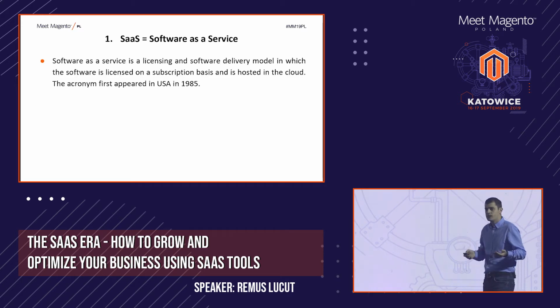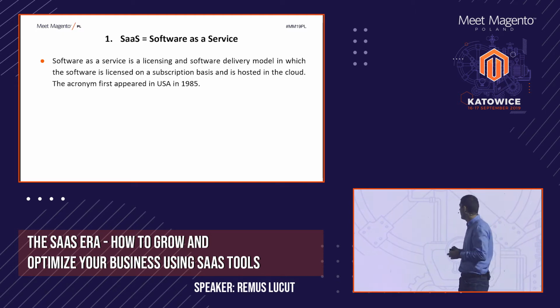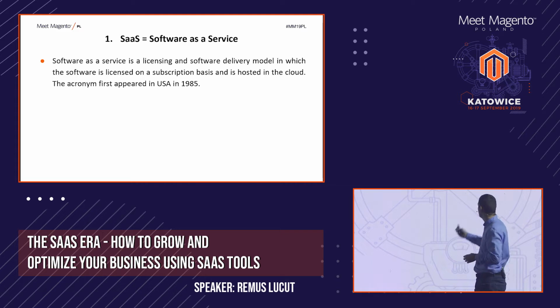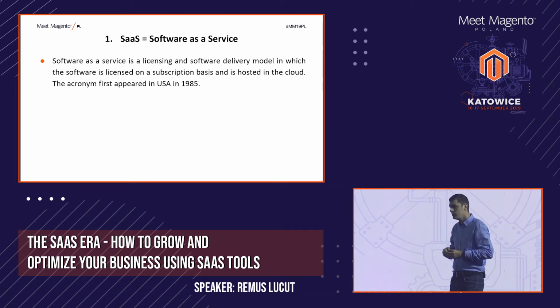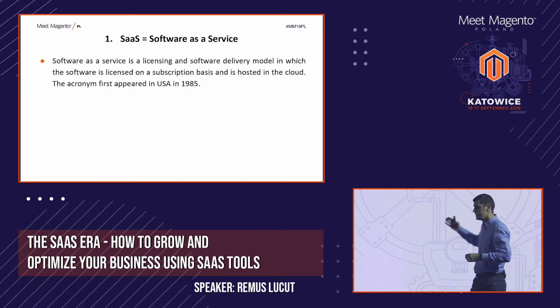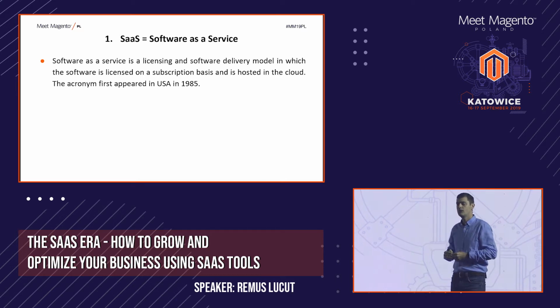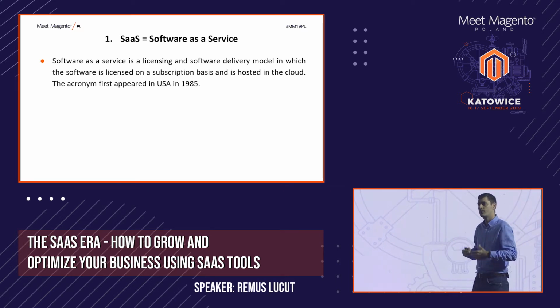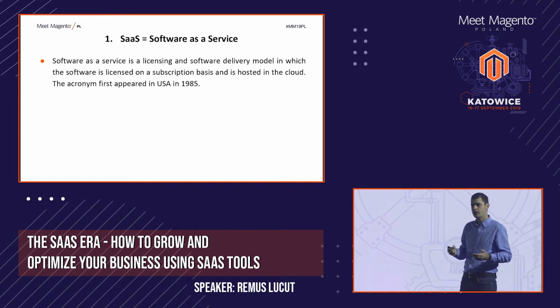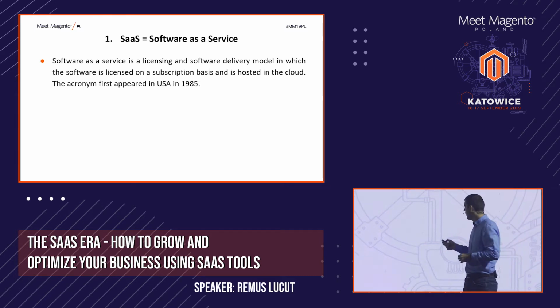The term software as a service is really old. Maybe you've heard of it. It comes from the license subscription, which is an old model that basically allows companies to gain access to a type of service that is paid on a monthly or yearly basis.